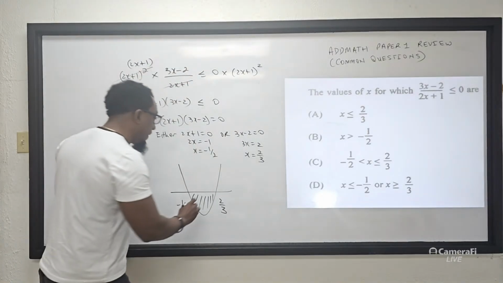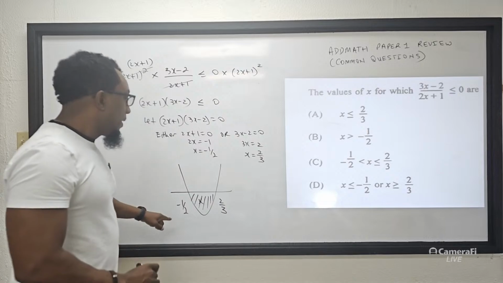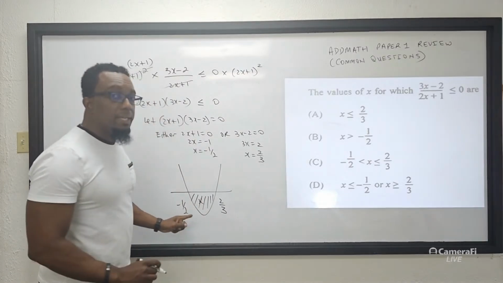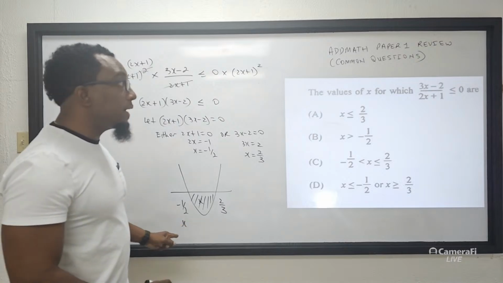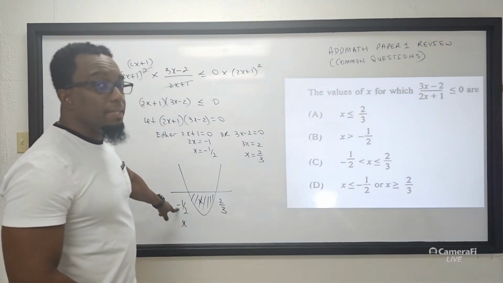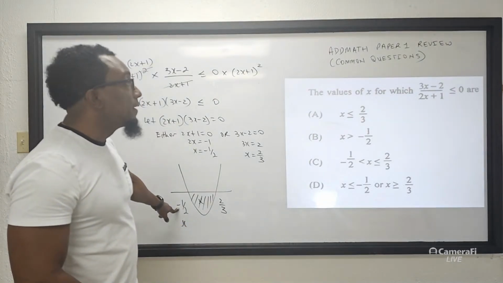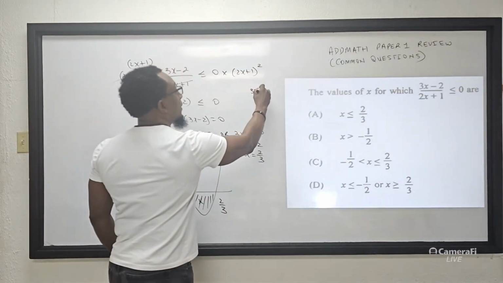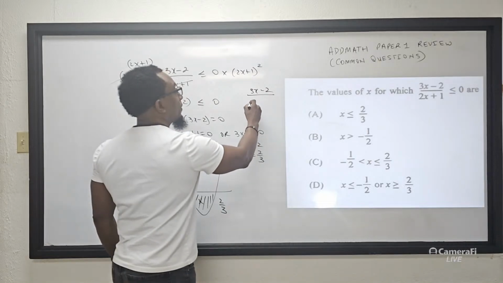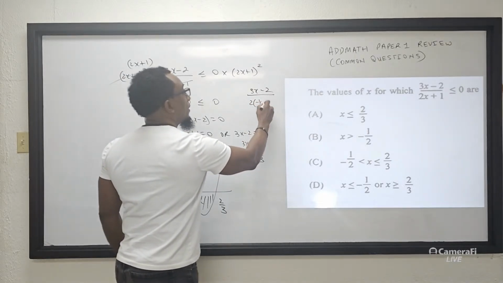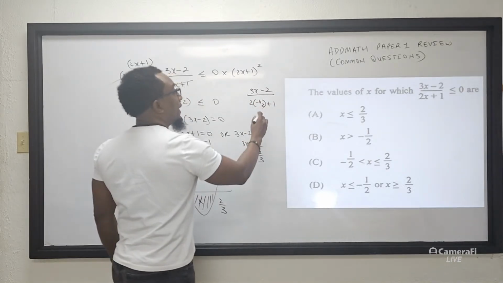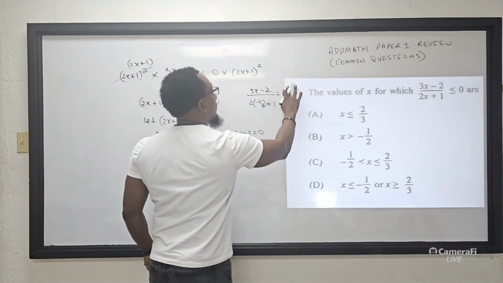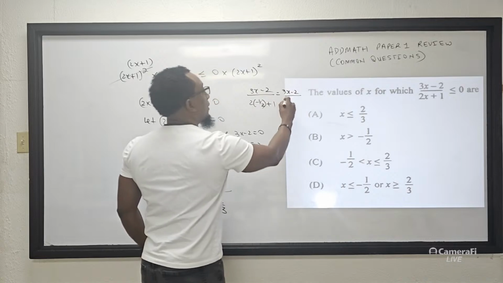So what are the range of values? Now, I'm going to say here x is greater than, now I'm not going to use equal to minus a half, because if you were to substitute minus a half into that rational, you're going to get here 2 times minus a half is negative 1.